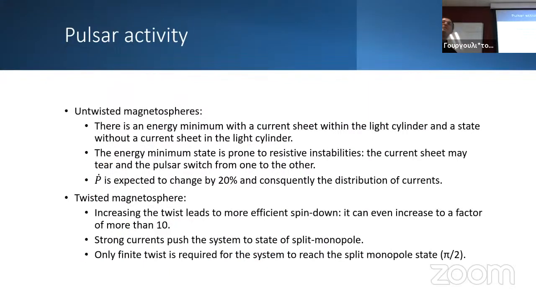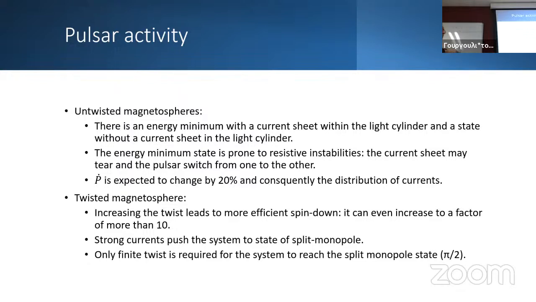So, in terms of pulsar activity in the untwisted magnetospheres, an important point to keep is that we have this energy minimum with a current sheet within the light cylinder, and then another state where there is no current sheet inside the light cylinder, but it's not a minimum.